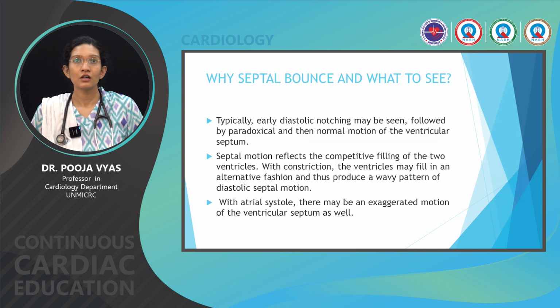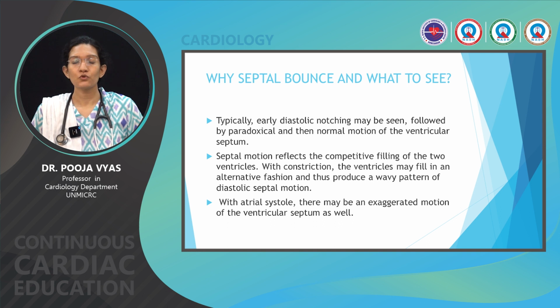So why septal bounce, and what do we look for when we look for septal bounce? Typically when we put on M mode, we can see early diastolic notching followed by paradoxical septal movement, and then the normal septal motion of the ventricular septum.